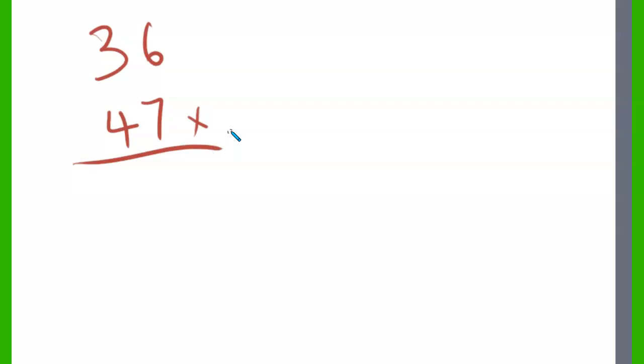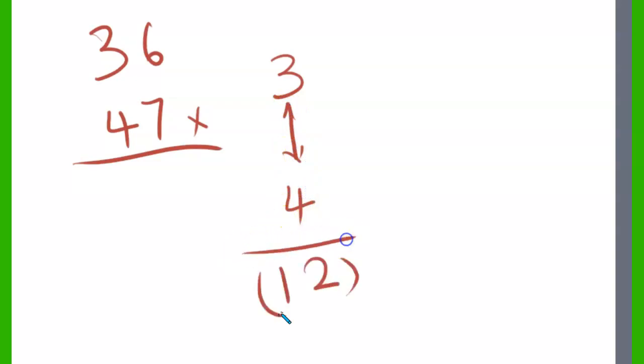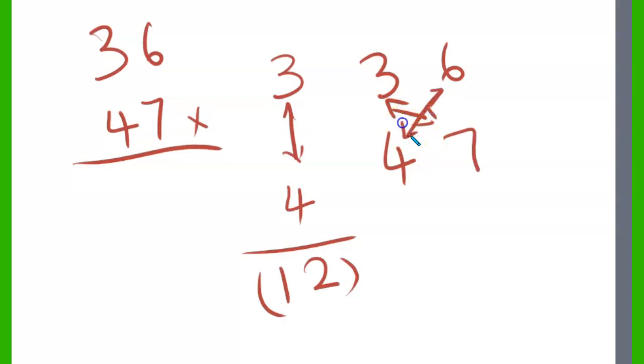Then what we need to do is we have to take the left digit, which is 3, and then we multiply with 4, and then we use the cross multiplication of digits, which is 3 with 7, 4 with 6, and then add it up.